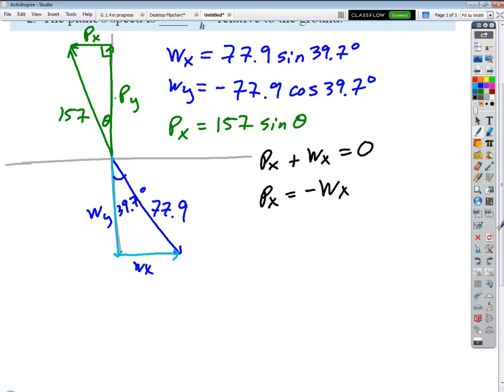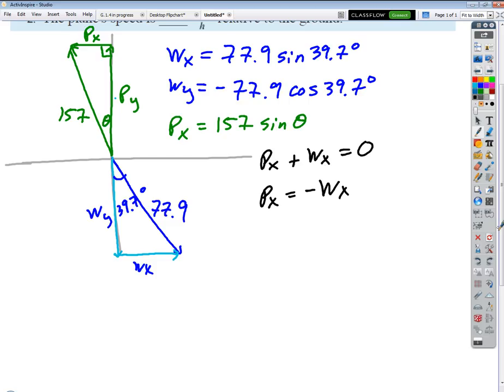There's a couple ways we can think about that. We can do it in terms of this equation, but as long as you pay attention to the direction of this vector, which is clearly negative, we could say the length of this component, which forms the horizontal leg of this triangle, has to be the same as the horizontal leg of this triangle.